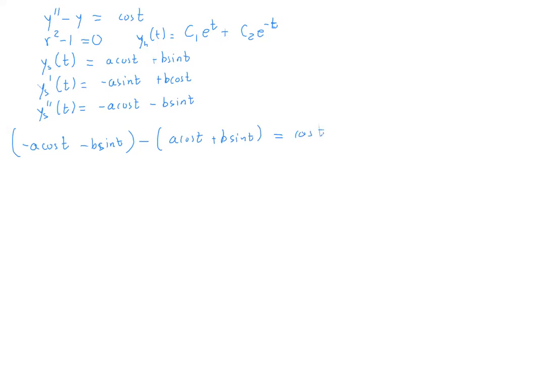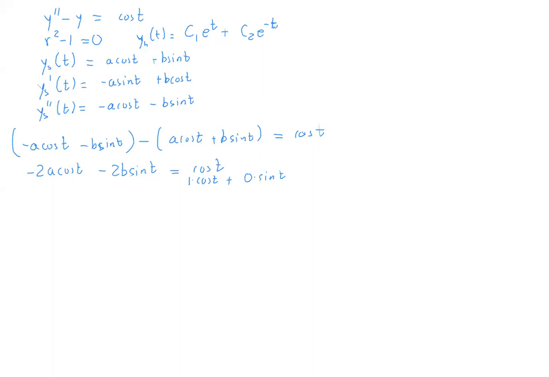Now I'm gathering sines and cosines together, so that will give me minus 2A cosine t minus 2B sine t is equal to cosine t. Think of this cosine t as 1 times cosine t plus 0 times sine t.